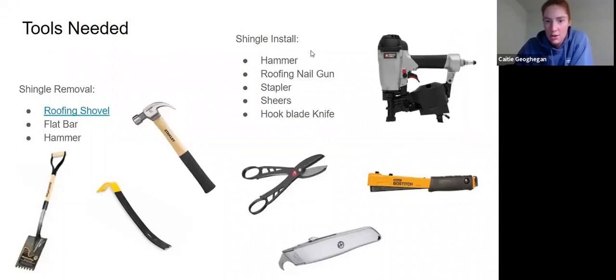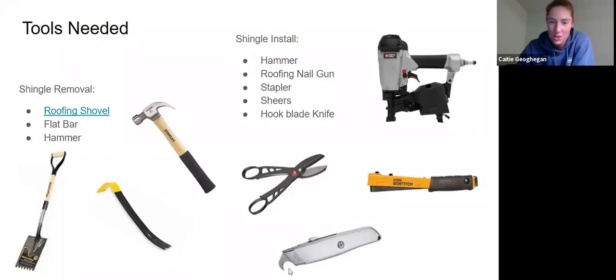For the install, we can also do this with a hammer if we're just doing a patching job. If you want to go hardcore, you can get a roofing gun, which are pretty fun. Also, some other tools that we need to cut is this razor knife. You can get hook blade attachments, which in theory cut right through the shingle. These can be kind of hard to use and get an accurate cut, especially if it's cold.